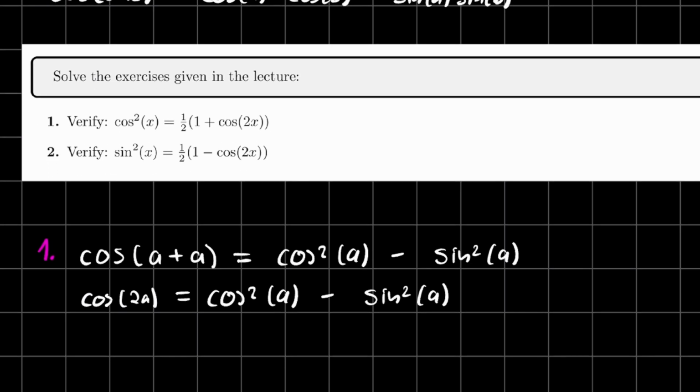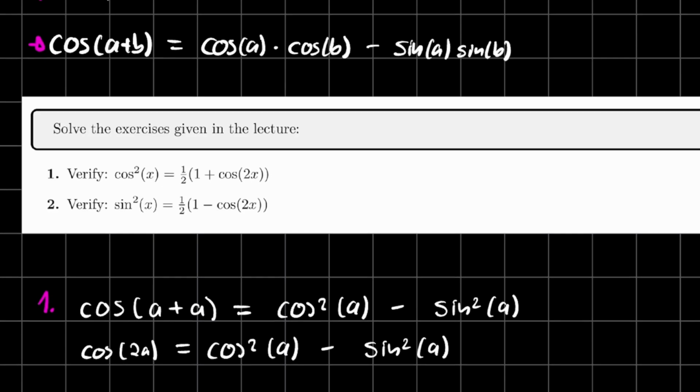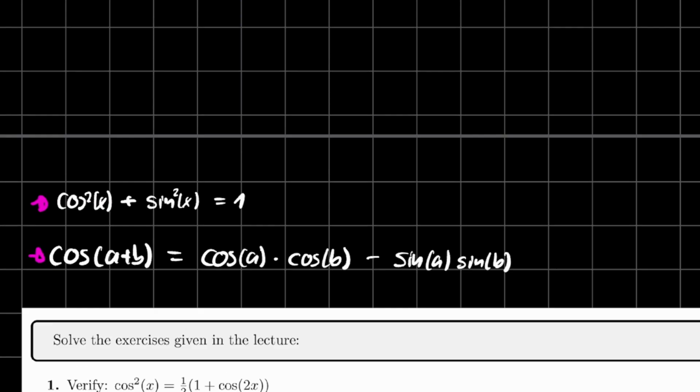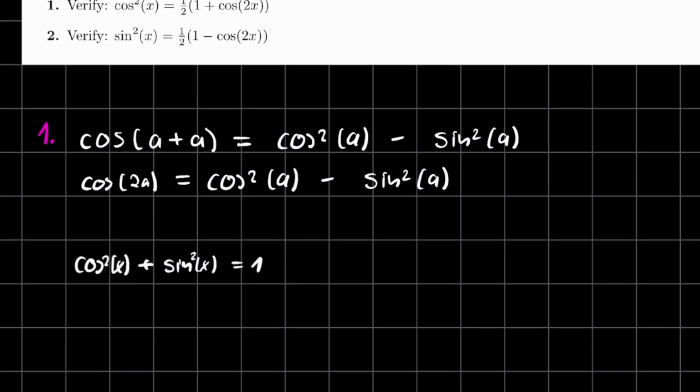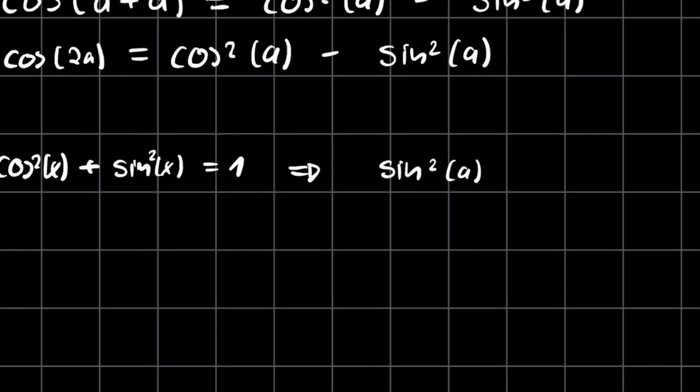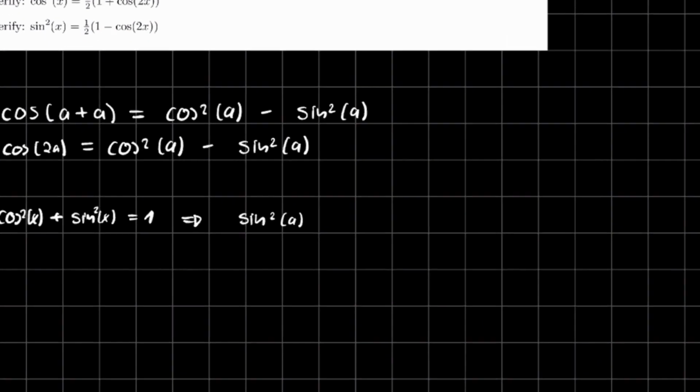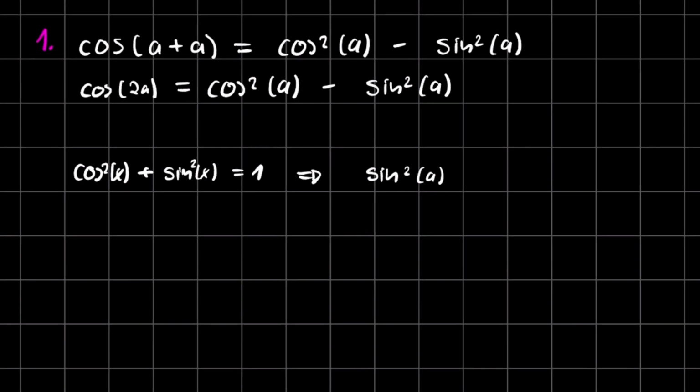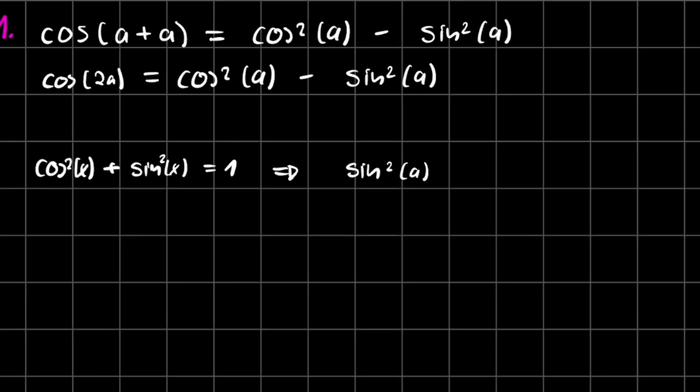From there, we can take the following approach with this guy. What is sine squared? Sine squared can be seen as, we take this identity, duplicate it, and go down. Sine squared of A is simply 1 minus cosine squared.